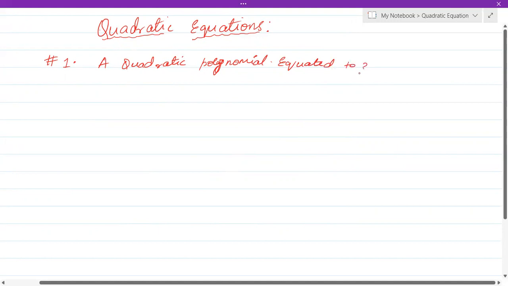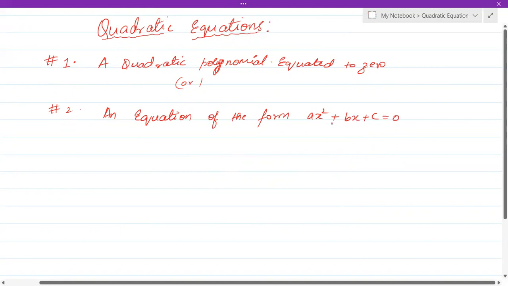A simple definition. Or the second definition: an equation of the form ax square plus bx plus c equal to 0. This is a quadratic equation.